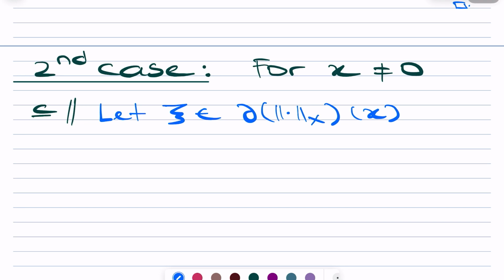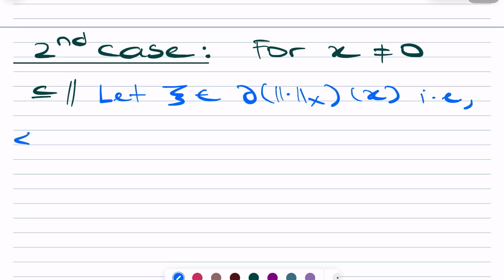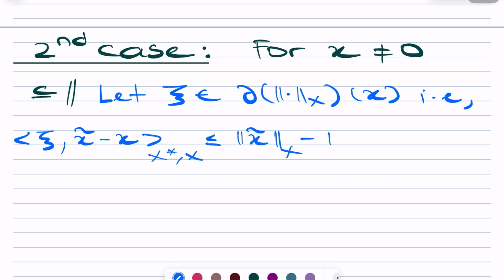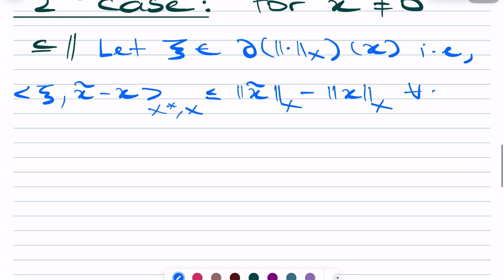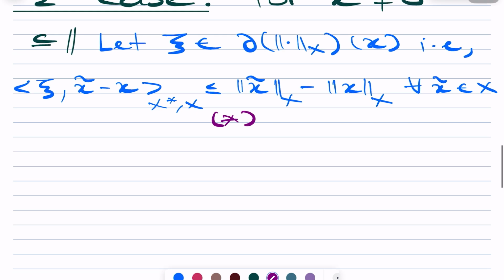By definition this means that the duality pairing of x star with x tilde minus x is less or equal than the norm of x tilde in X minus the norm of x in X, and this should hold for every x tilde in X. Let's call this relation star, we will refer to it.